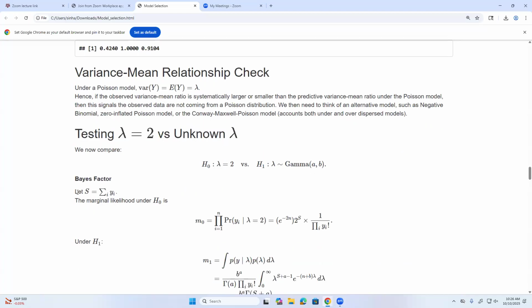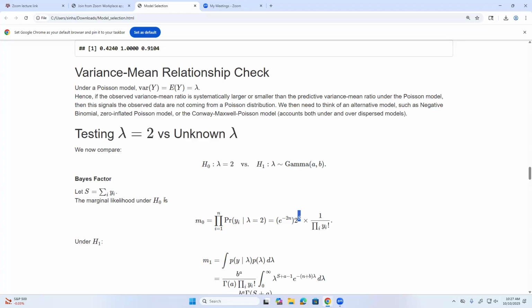So the Bayes factor is based on the marginal likelihood of the data. The marginal likelihood under null hypothesis is the probability that yi, observed value of yi, given lambda equal to 2, and if you write the probability mass function of the Poisson distribution and simplify a little bit, it turned out to be this expression, e to the power minus 2n, because you have n observations, 2 is the parameter, and 2 to the power s.